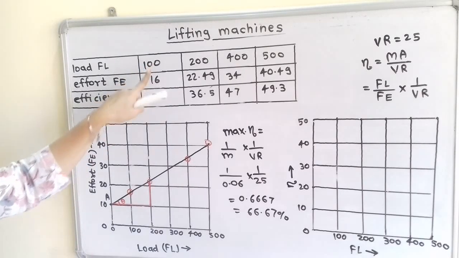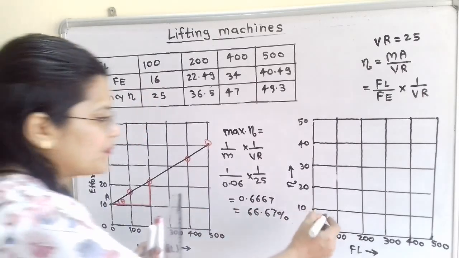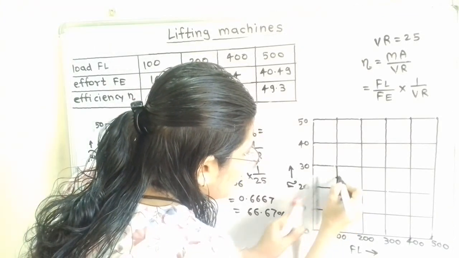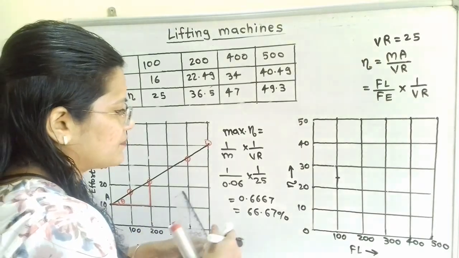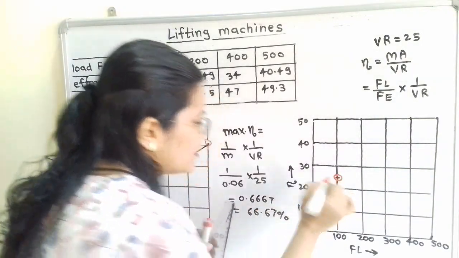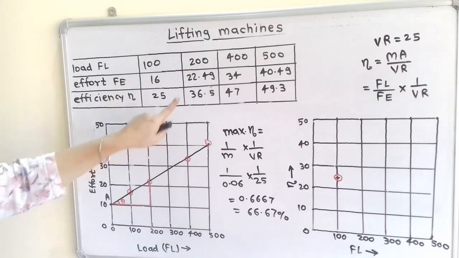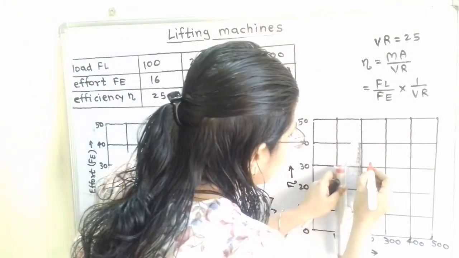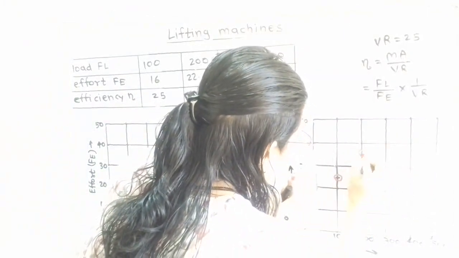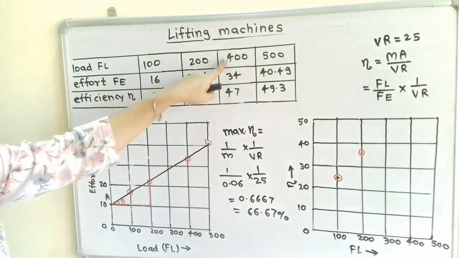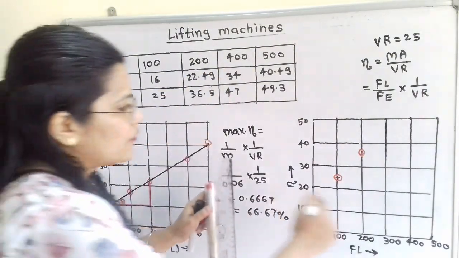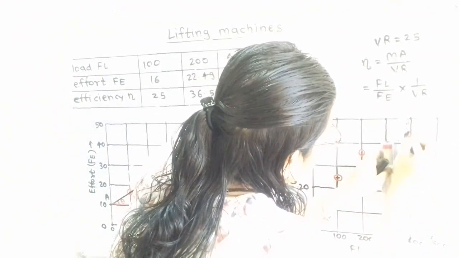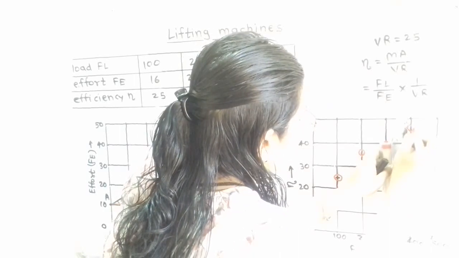For the load of 100 Newton, efficiency is 25. So for 100 Newton, we select the middle point in between 20 and 30. So here is the point. Then for 200 Newton load, it is 36.5. For 200, we select the middle point, and then slightly above that, there is 36. Then for 400, it is 47. So for 400, we select the middle point in between 40 and 50, and slightly above that we use 47.